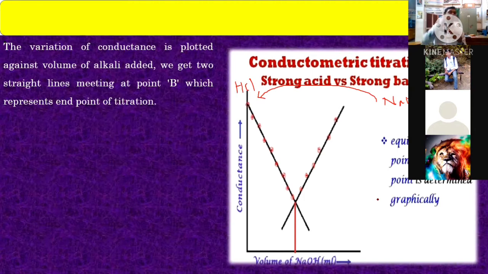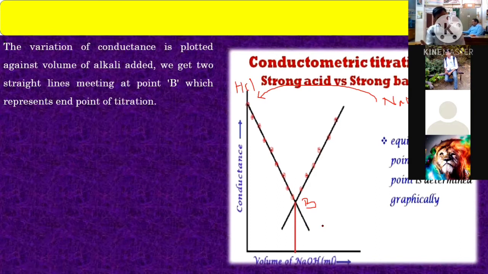Then the concentration of HCl slightly decreases till point B. Here, point B. At that point, the whole H plus ion is consumed by OH.